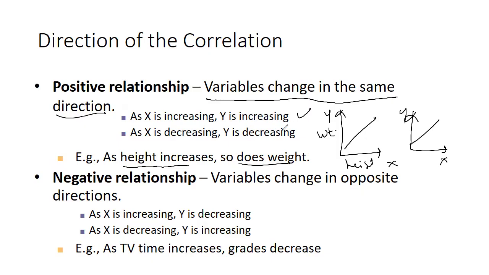So there is a positive relationship between the two variables. Negative: when you increase one variable, the other variable decreases. Like TV time increases, grades decrease. If a student watches more TV, then performance may decline. So there is a negative or opposite direction between the two variables.